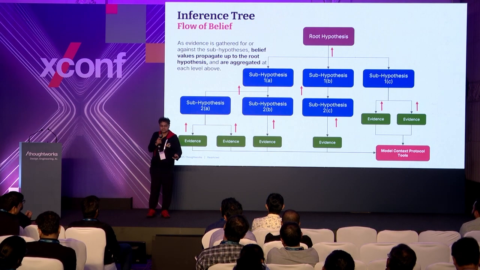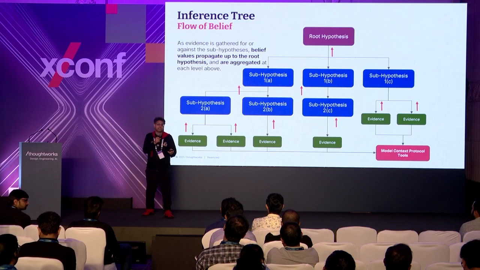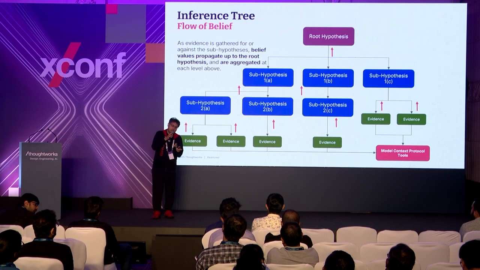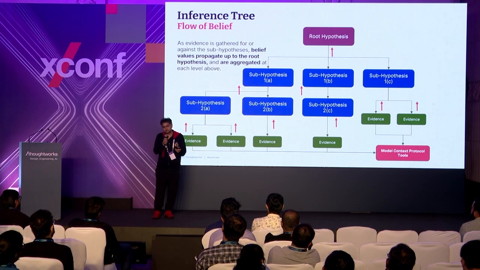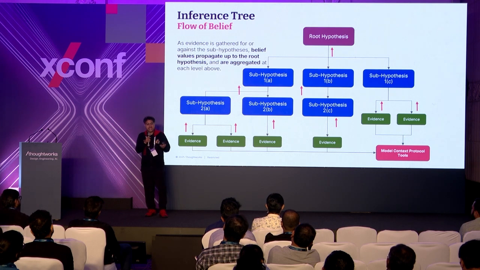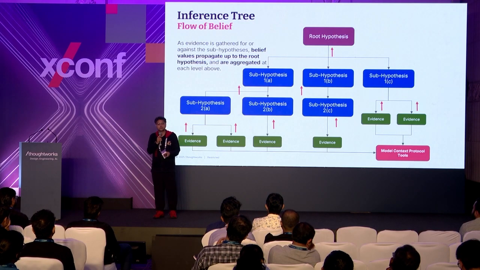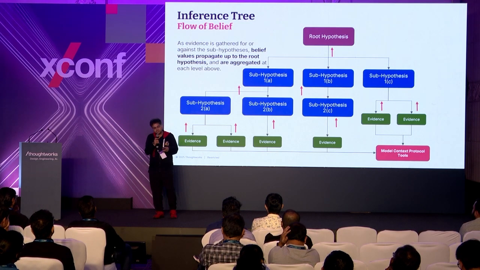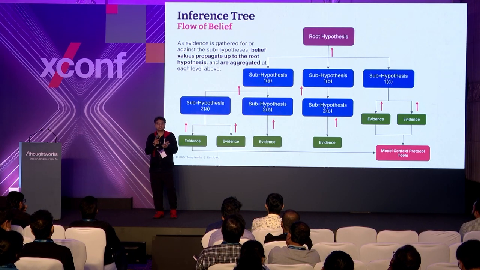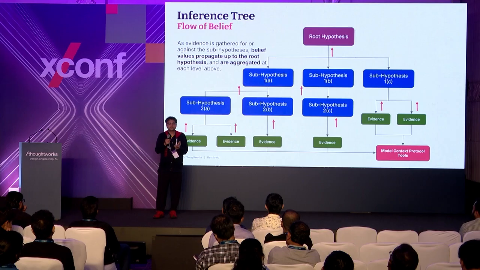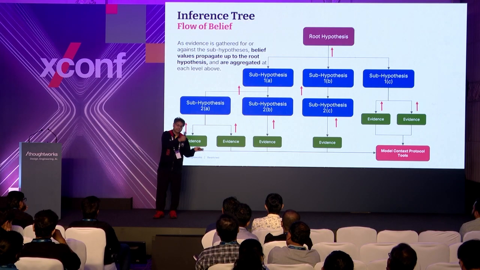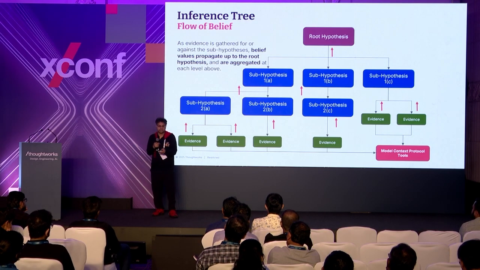Each of these evidences can activate whichever tool is more appropriate for the kind of question that you're asking. Then, based on the presence or the absence of those evidences, you can aggregate up these beliefs all the way back to the root hypothesis, which will change your belief in that root hypothesis from what it originally was into something called the posterior. Posterior basically means behind, which is like after, in this case.